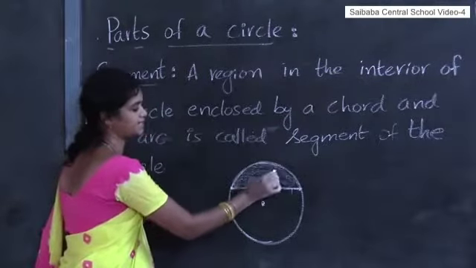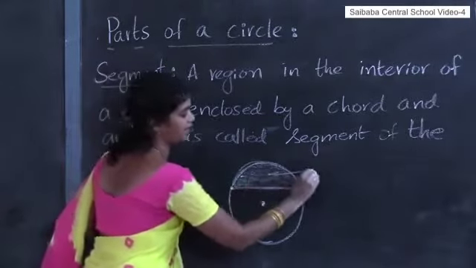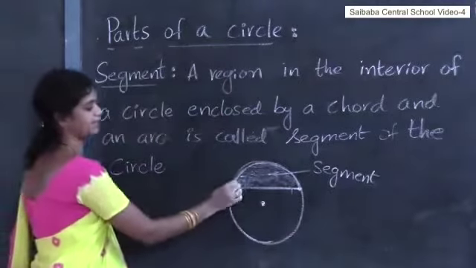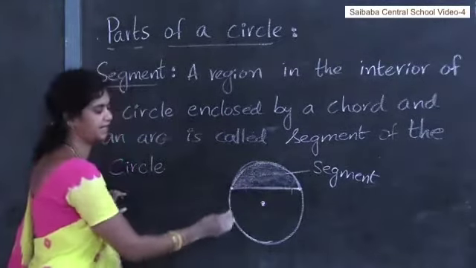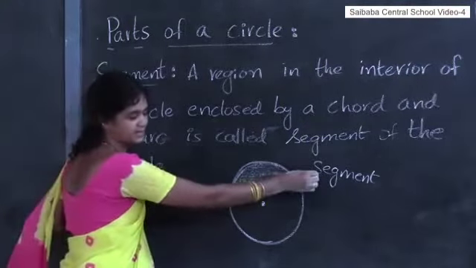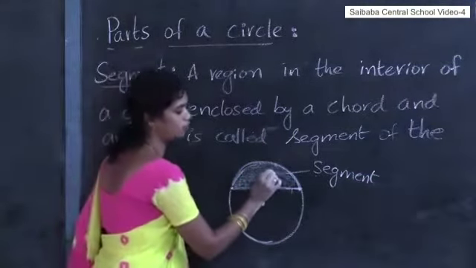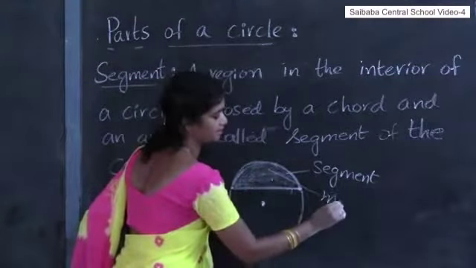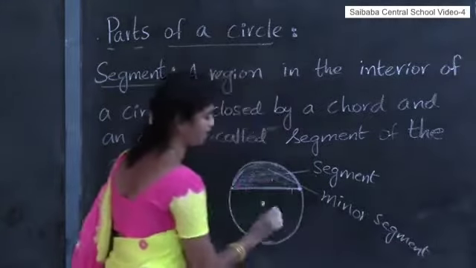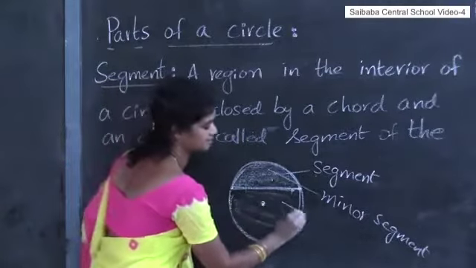The region between these 2 parts is called the segment. Just like in sector, segment also has 2 parts. This is called the minor segment and the remaining part is called the major segment.